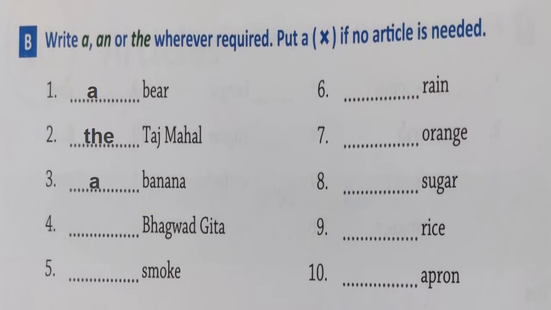Number 3, a banana. Number 4, the Bhagavad Gita. Number 5, put a cross, we can't count smoke. Number 6, again put a cross before rain. Number 7, an orange. Number 8, put a cross before sugar. Number 9, again put a cross before rice. Number 10, an apron.